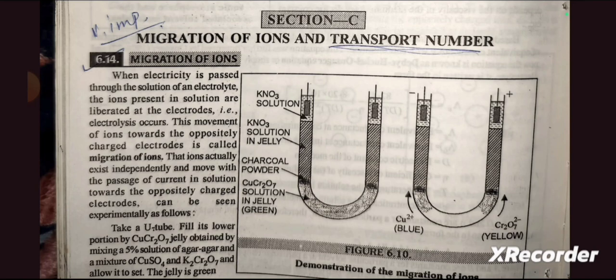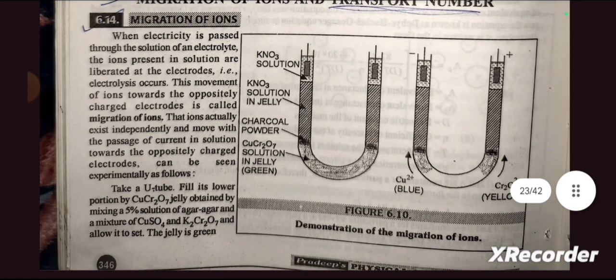That ions actually exist independently and move with the passage of current in solution towards the oppositely charged electrodes can be seen experimentally as shown. Take a U-tube and fill its lower portion with CuCr2O7 jelly, obtained by mixing a 5% solution of agar-agar and a mixture of CuSO4 and K2Cr2O7 and allowing it to set.